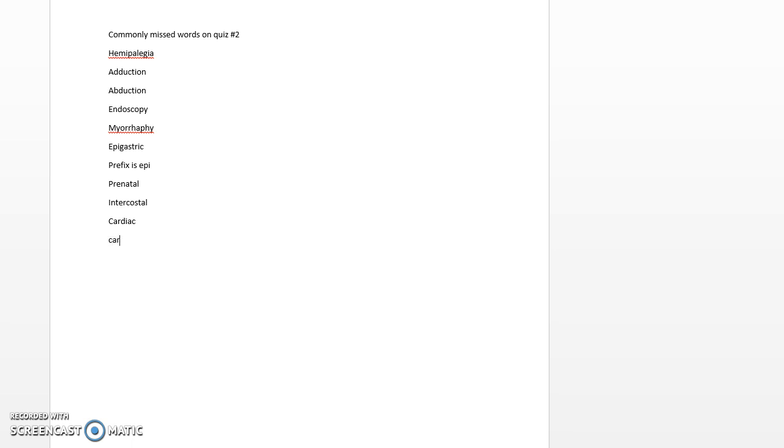And then of course here we have card. This is equal to your heart, and the combining form is cardio. And then of course you have this suffix on there for just pertaining to the heart, cardiac, right? So yeah, that last part is definitely a diagnostic term, anatomic term as far as cardiac goes.